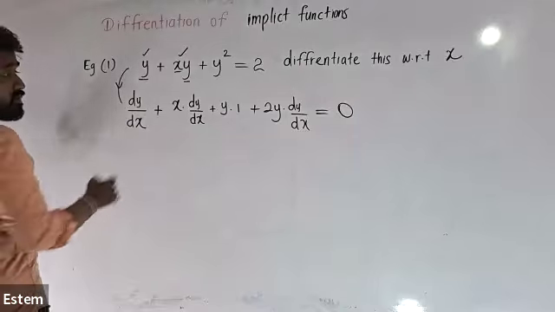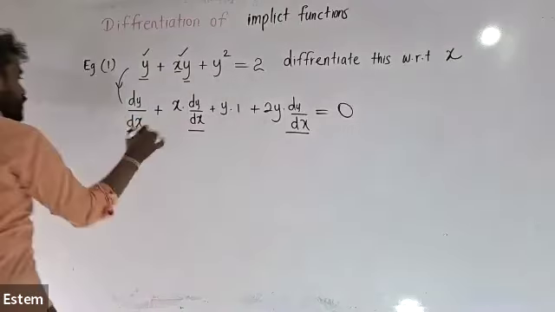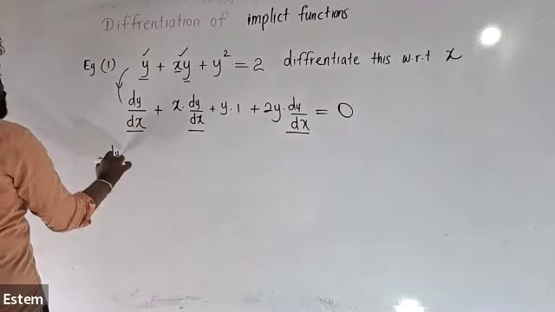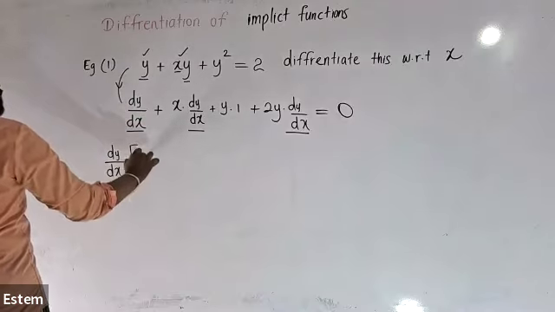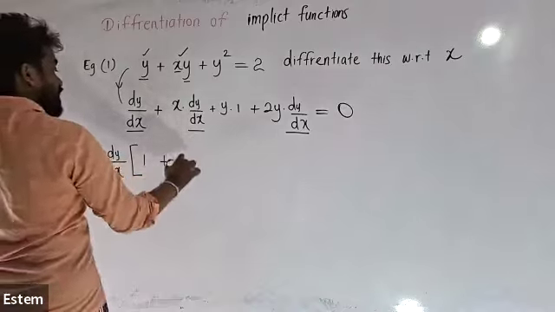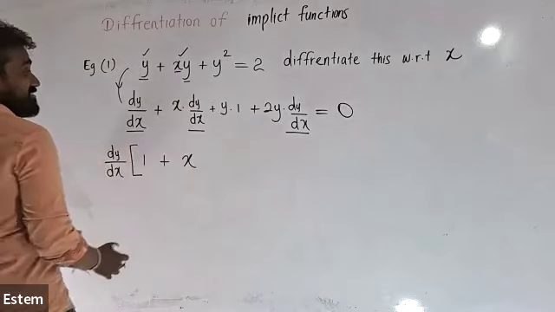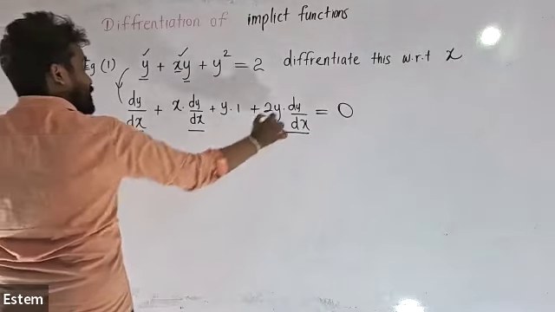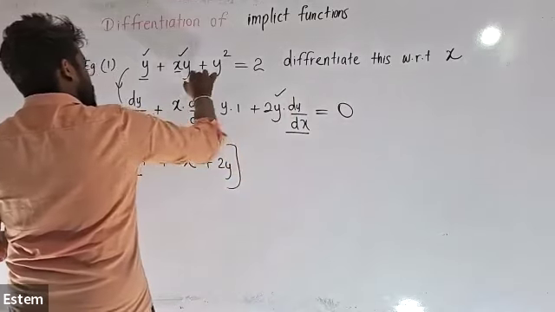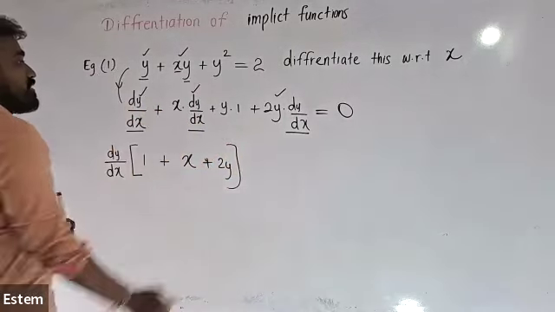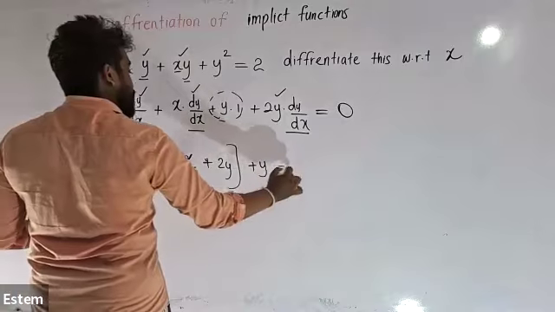Dy over dx is common for all terms, so we can pull out dy over dx here. Now 1 is remaining, here x is remaining, and here 2y is remaining. Now there is plus y here, equals 0.